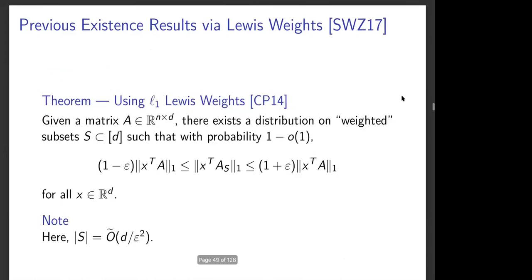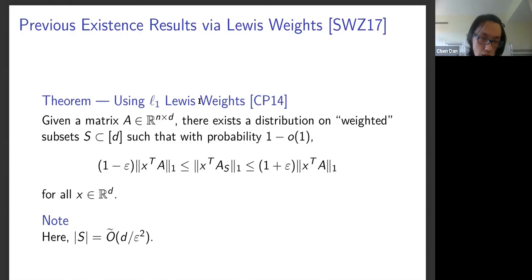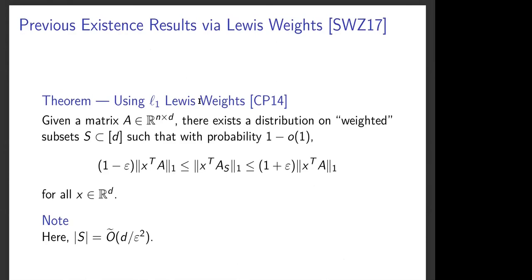Recall that for L1, and this is also true for Lp for p between 1 and 2, the number of sampled columns is essentially d up to some log factors. I'll have to double check this, but for higher values of p, I think more columns may be required. But maybe I can just check this now. Yeah, that grows as d to the p over 2.